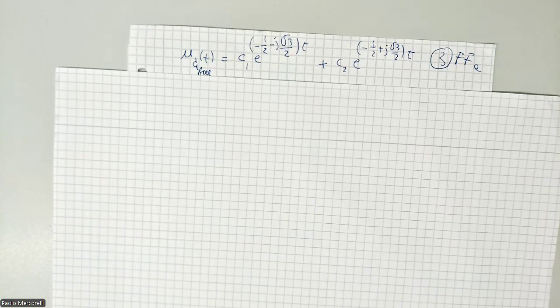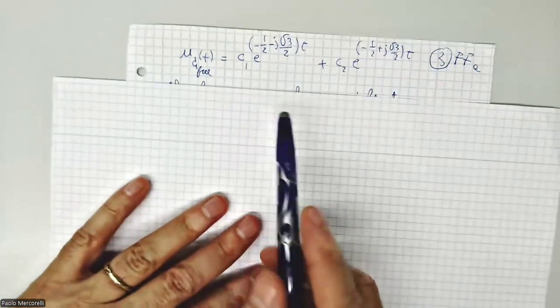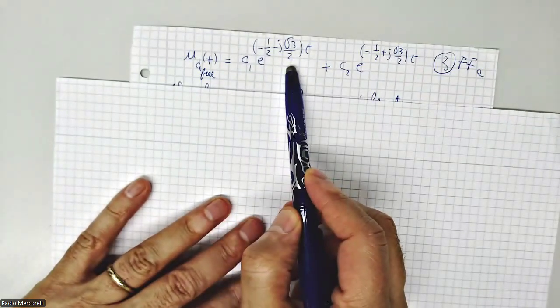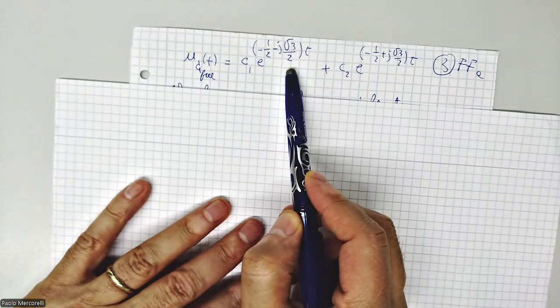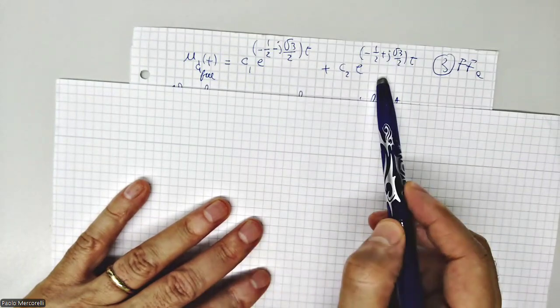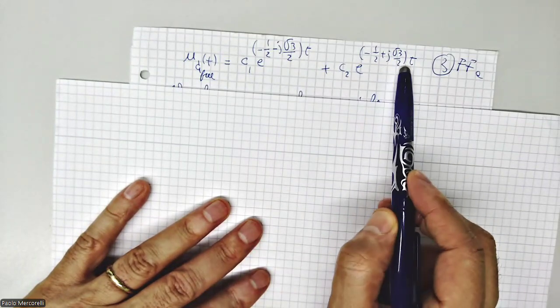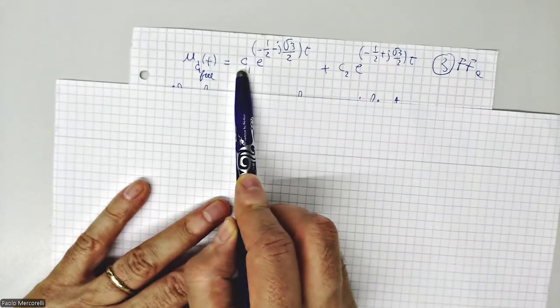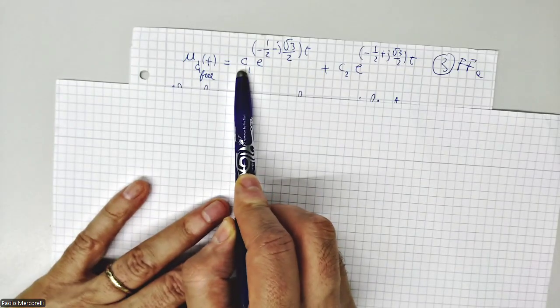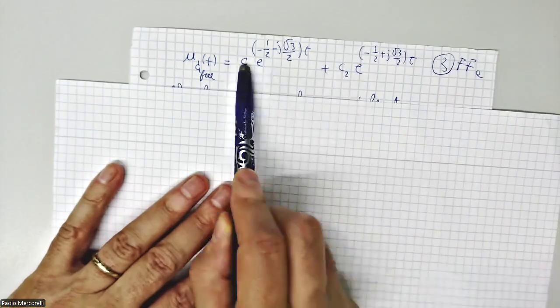This is the general form, which we probably know better than me, or we learned from math, because both are solutions. This means the combination of these is the more general solution. We can see here, the first element is the exponential function of lambda 1. Second is the exponential function of lambda 2. Of course, the linear combination implies two different constants.